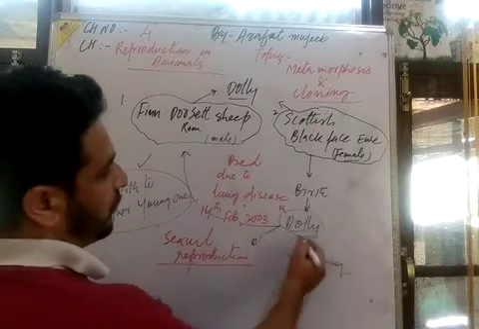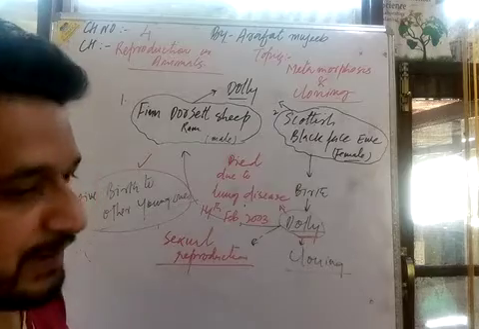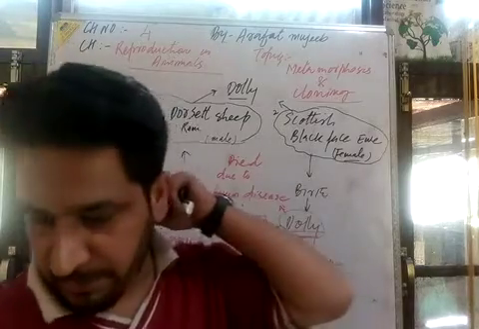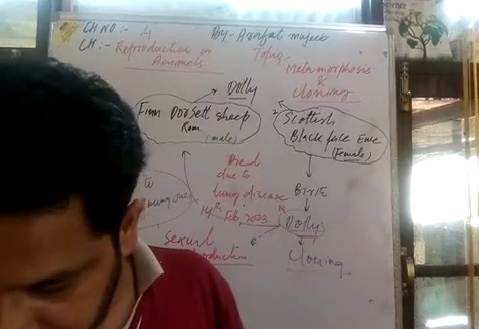Dolly was the cloned organism, as performed in the experiment by Wilmut in his research lab.